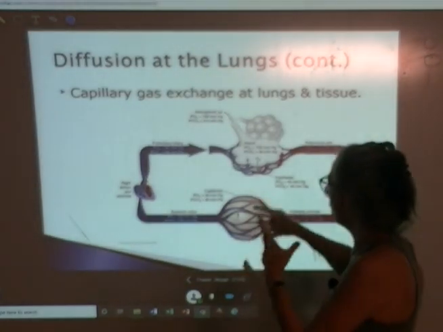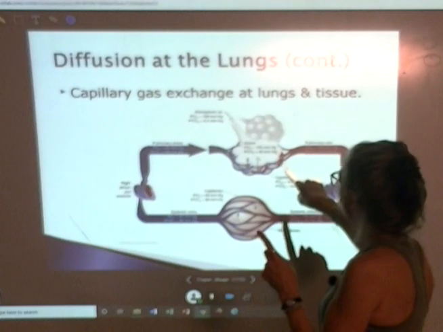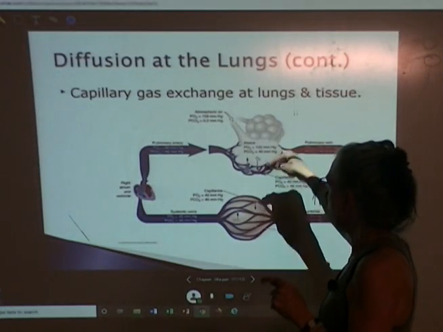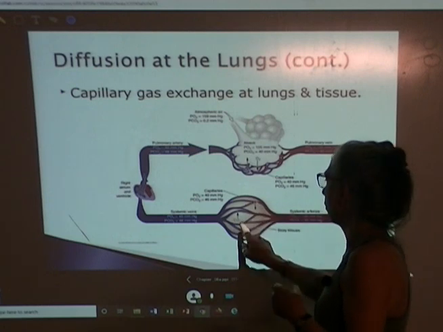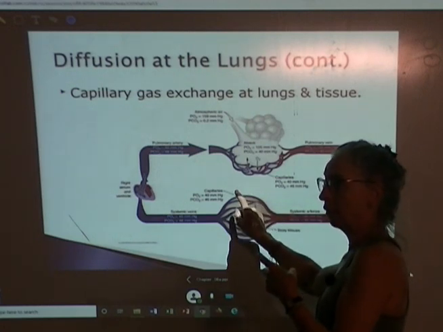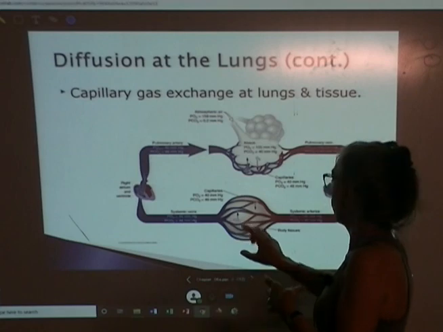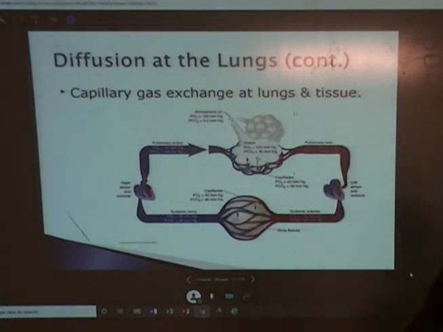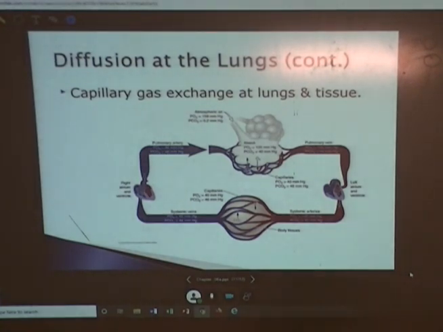So if you look at this diagram carefully, you'll see that you've got oxygen with the arrow going one way and carbon dioxide with the arrow coming out the other way, right? So the capillary network around the muscle tissue, as it's leaving the muscle, is going to be lower in oxygen than it was coming in, but it's going to be higher in carbon dioxide than it was coming in.